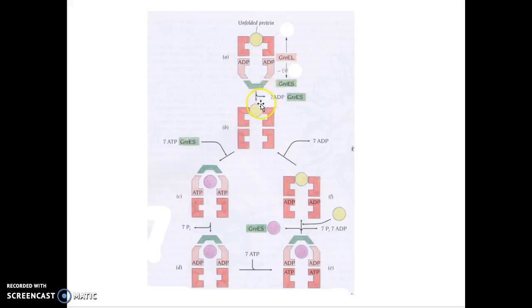And the GroES is released from the trans position and rebound together with the ATP at the cis position of GroEL.